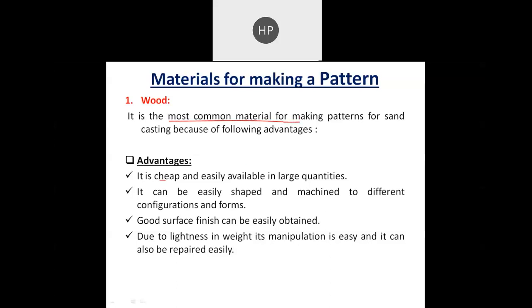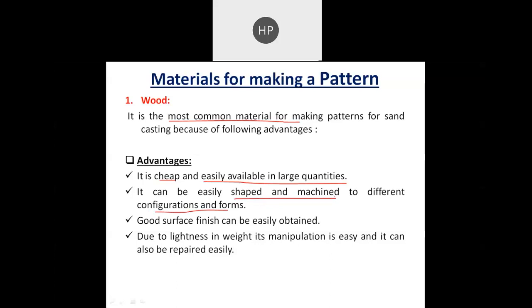It is cheap and easily available in large quantity, while if we take metal, it is costlier. Then, it can be easily shaped and machined to different configurations and forms. So very complex shapes, very bulky shapes, very difficult shapes can be easily shaped and machined.